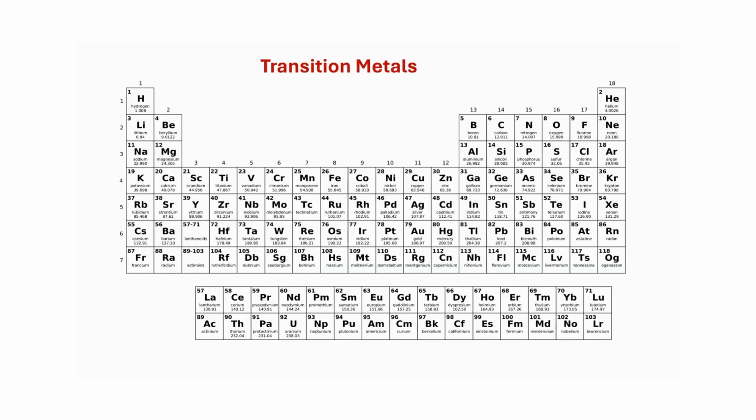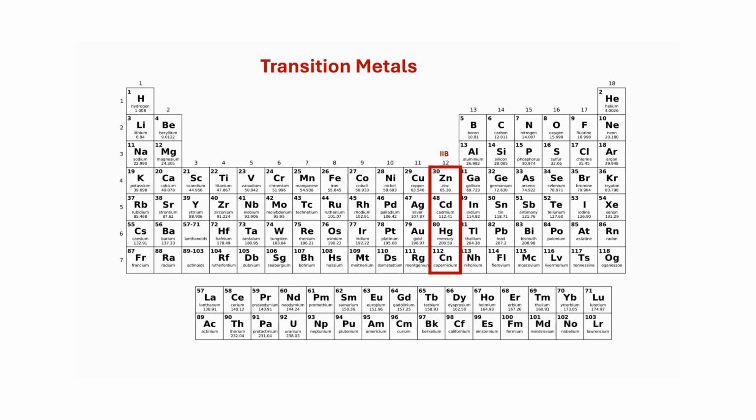Next, we have the transition metals. This is group 3B, 4B, 5B, 6B, 7B, 8B, 1B, and 2B. Now, the transition metals, when they take charges, their charge could be different at times.